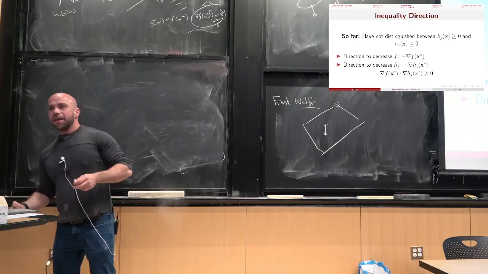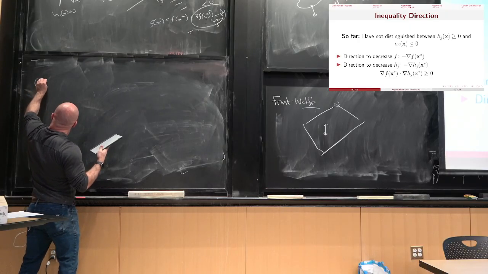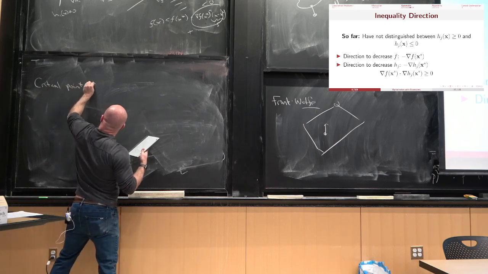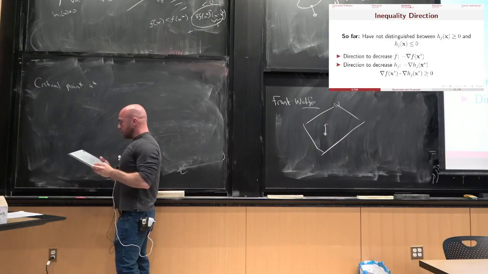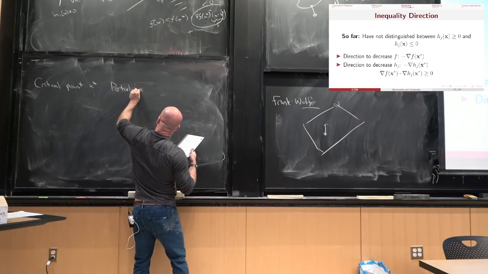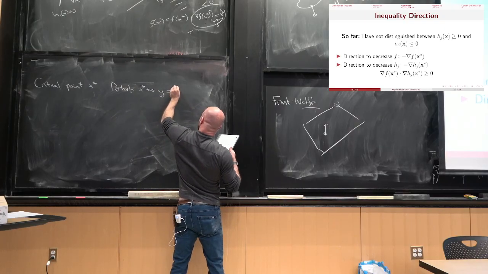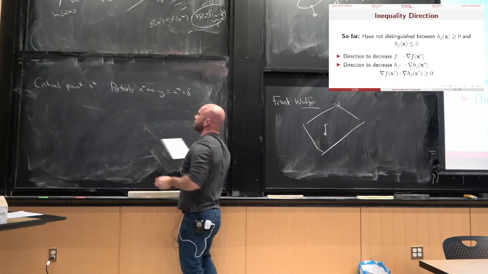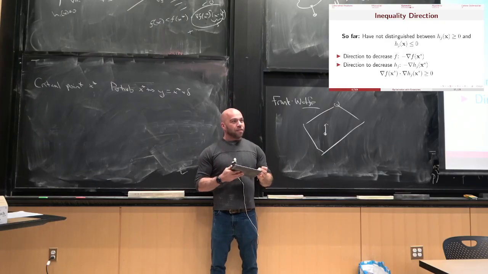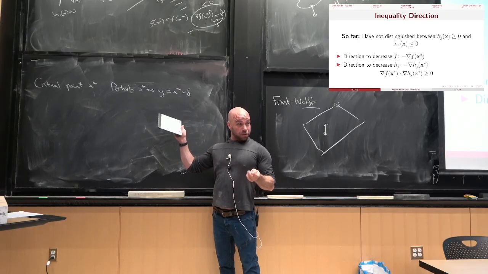I'm falling behind. Okay. So let's say that I'm at a critical point of my constraint problem. We're going to call this x star. And what I'm going to do is perturb x star to some new point y, which I'm going to call x star plus delta. Essentially, all of this picture that we've been drawing, if we're actually at a critical point, I think you can translate this to, for any delta, one of two things has to happen.